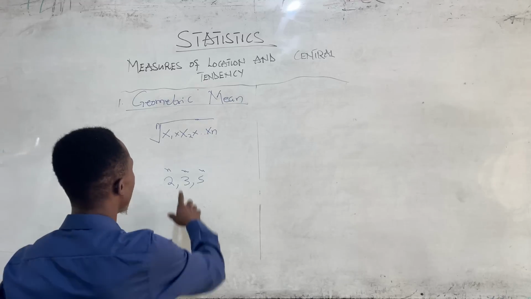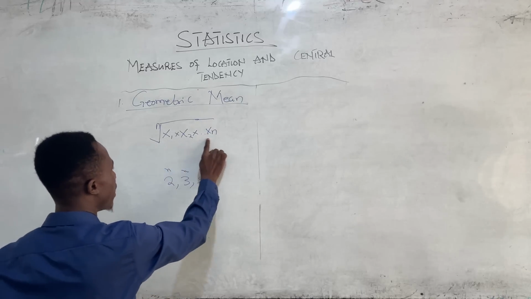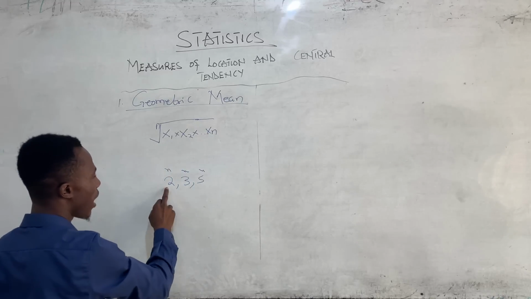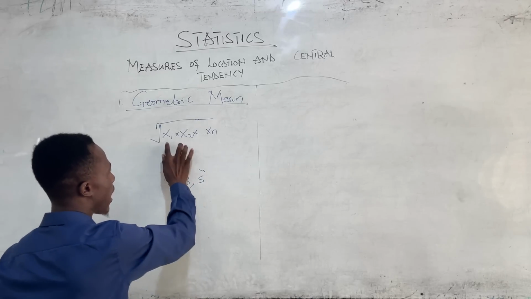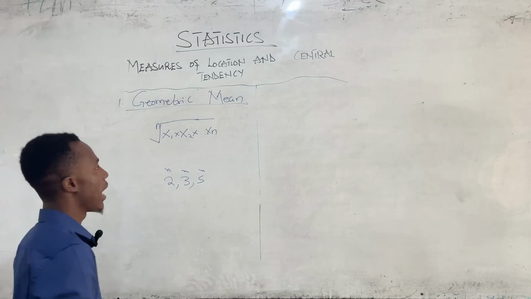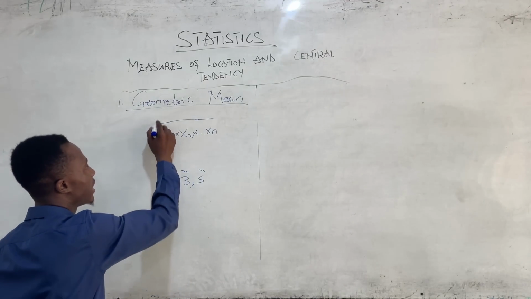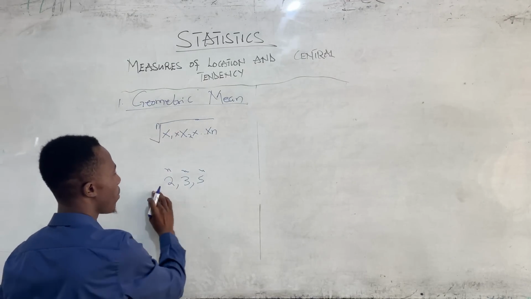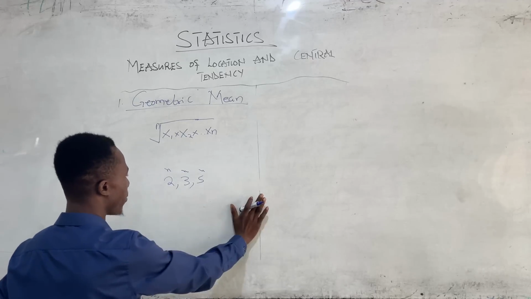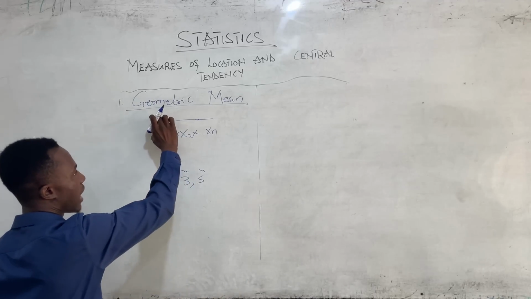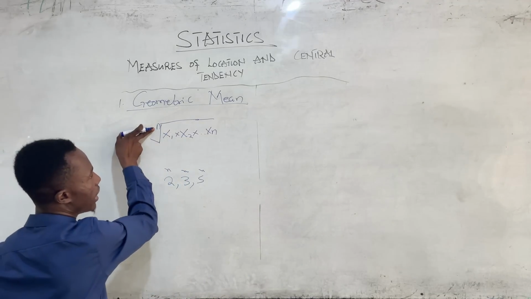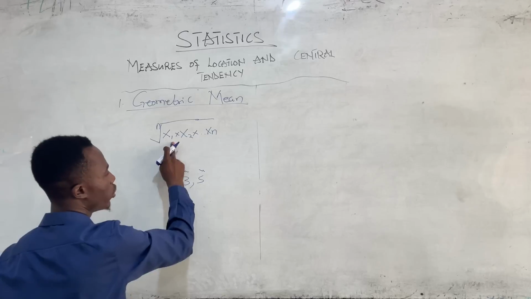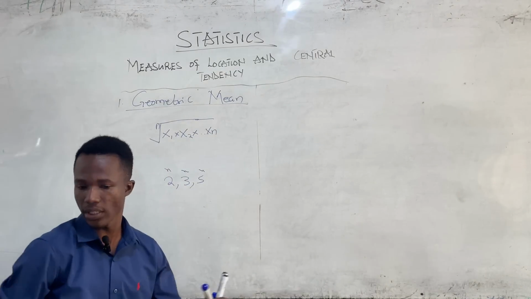So you just multiply everything here. If you have 3 numbers, 2 times 3 times 5, that will be under the root. And the n here represents the number of occurrences. So if you have 3 numbers, 4 numbers, it will just appear here. Since we have 3 numbers here, 3 will appear here, and we multiply everything. So that is the geometric mean.